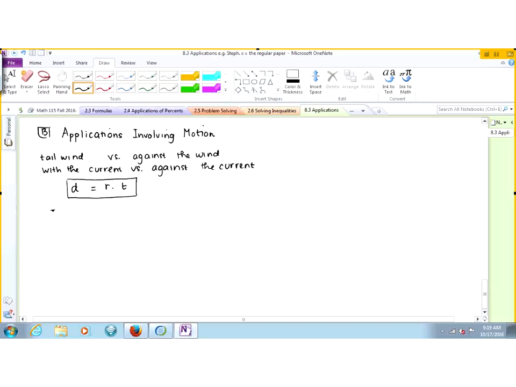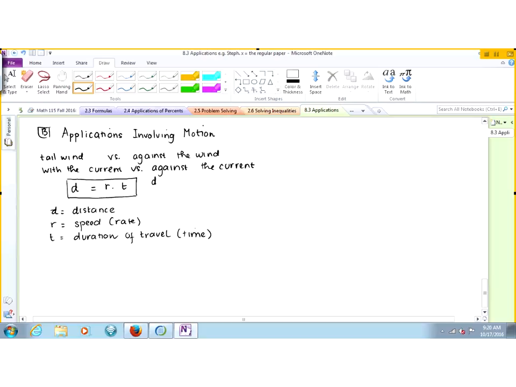So D is distance. What is R? R is rate or speed. And then T is the duration of travel or time.